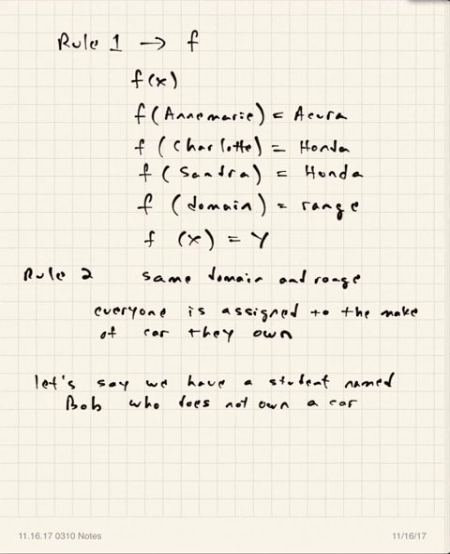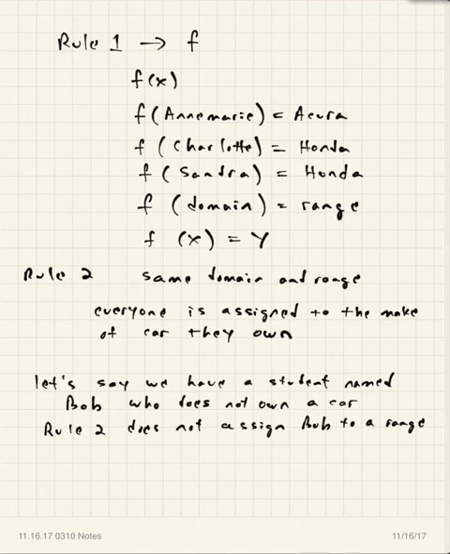Right? So what happens? Bob does not get assigned to anything by this rule. Rule 2 does not assign Bob to anything. All right, now, so what do we do? Rule 2 does not assign Bob to a range.